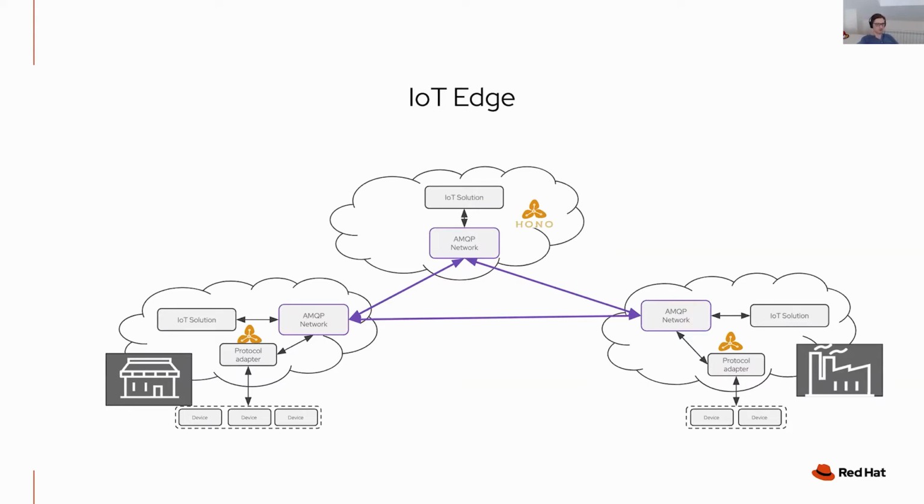So, for example, we can see that we still keep the IoT cloud, but we also can have multiple edge locations. And what we want to do here is to be able to connect devices directly to the cloud still, but also to connect them to these edge locations in the same manner. So for the device, it doesn't have to make any difference.